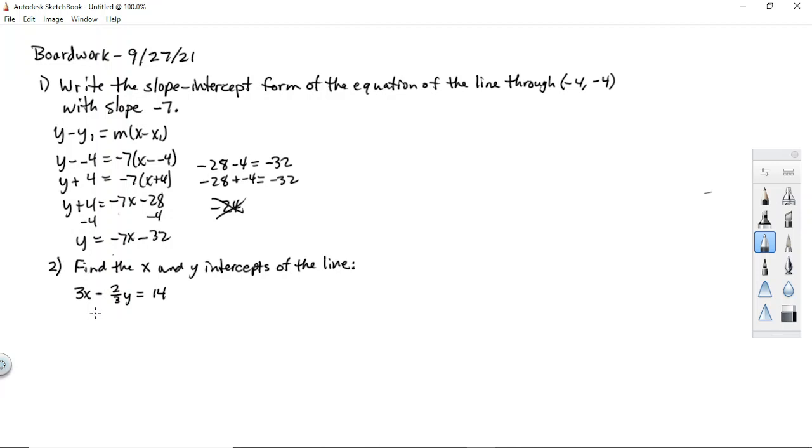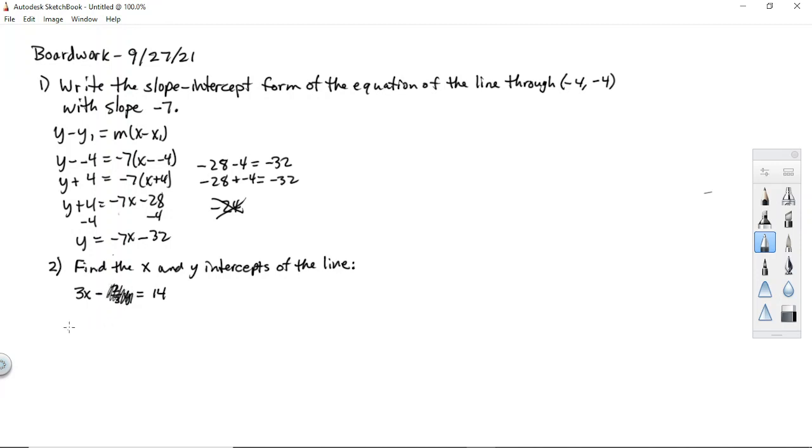To find the x-intercept, what we do is we set y to 0 and solve for x. A convenient way to do that is to say, well, when y is 0, this term is going to be 0, so it's just gone.